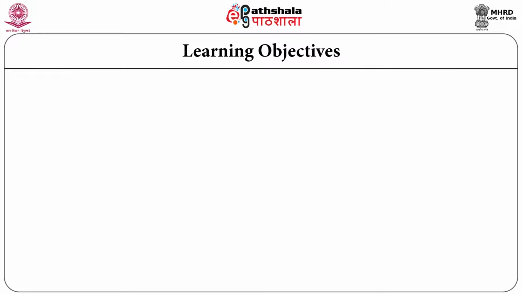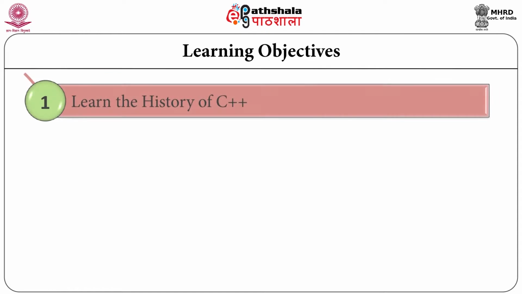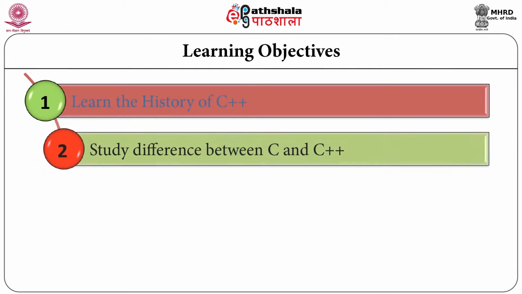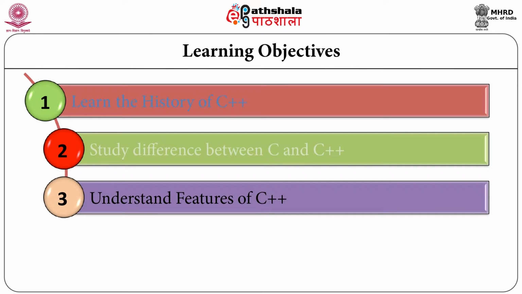Let us define the learning objective of the session. Initially, we will learn the history of C++. We know that C++ evolved from the C language. Then we will study the differences between C and C++. It is also important to understand the features of C++.